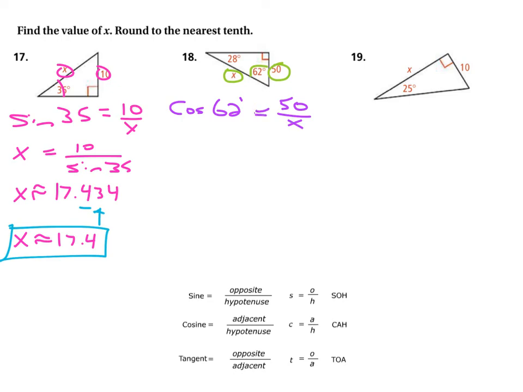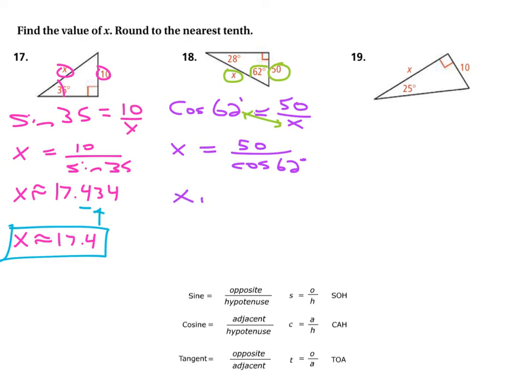And notice this, we're going to do the same thing that I told you about earlier, which is switch the position. Let me just write it here. These two things, the x and the cosine 62, will switch position. That's the quick trick for isolating the variable without going through all of the steps that will eventually get you there, but kind of a lot of work to write it all out.